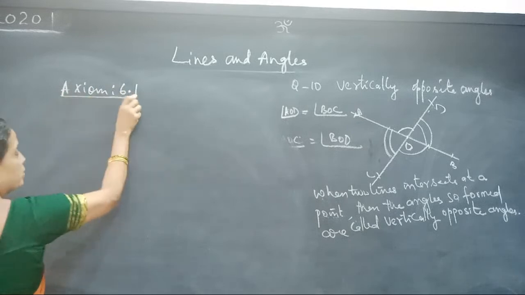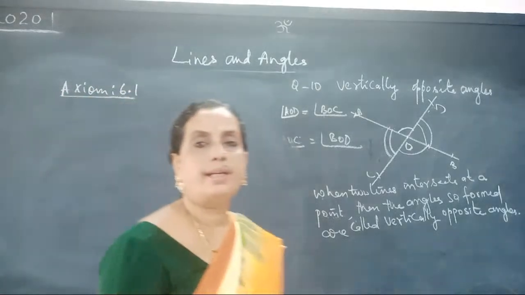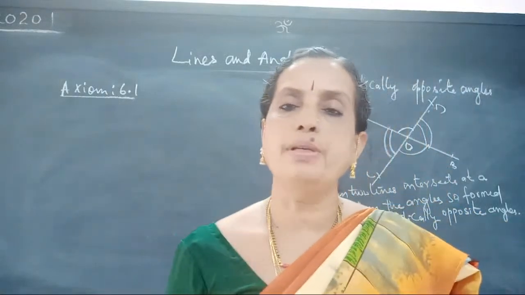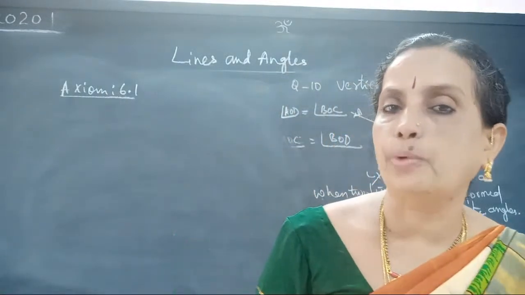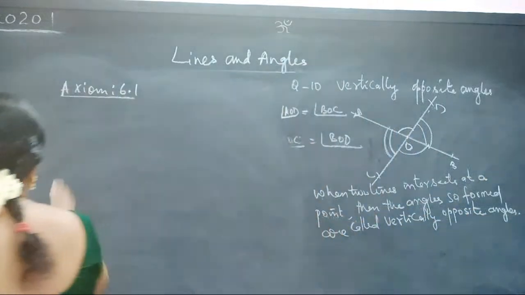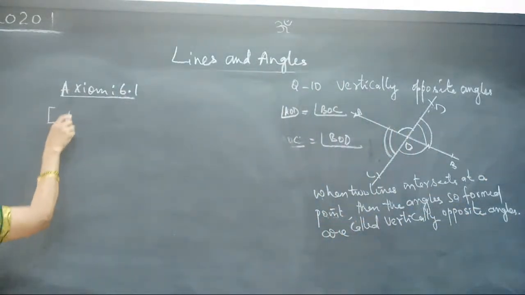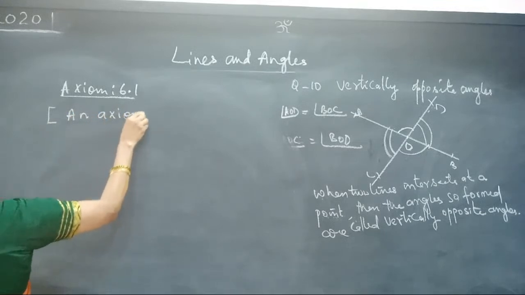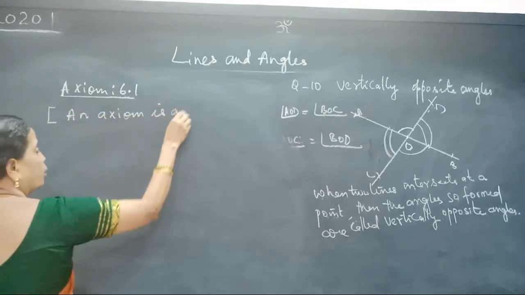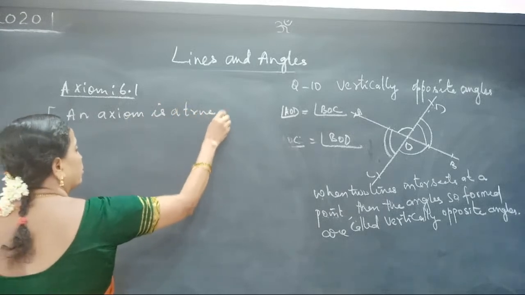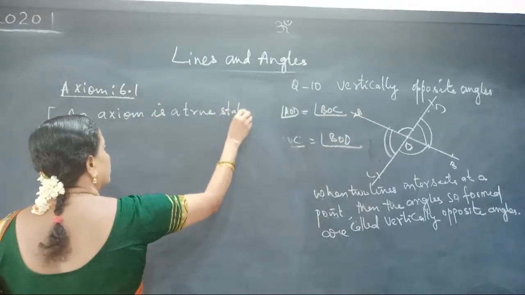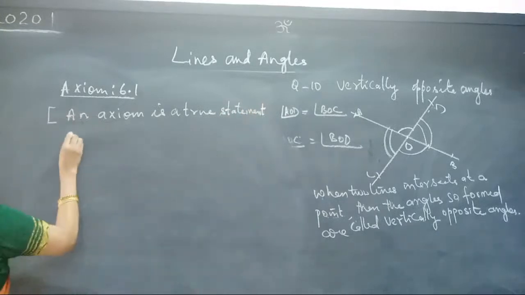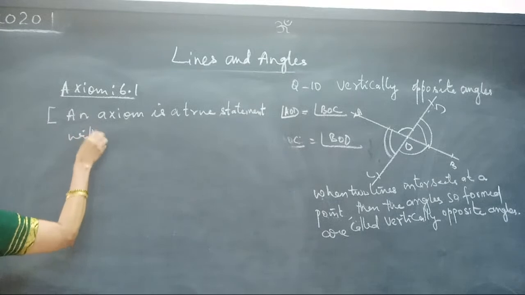Axiom 6.1. So we define an axiom as a true statement. An axiom is a true statement without proof. If you want, you can write in the bracket, an axiom is a true statement without proof.